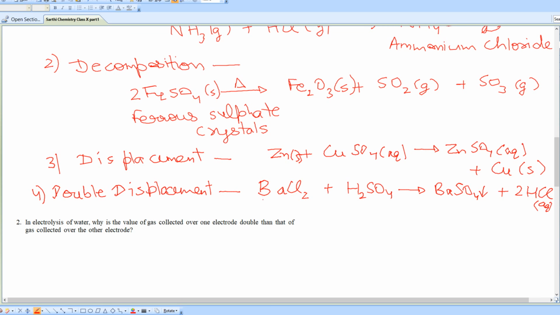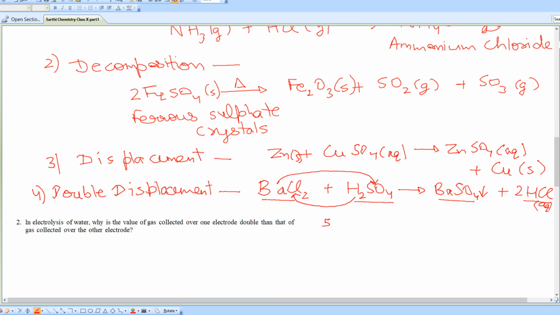So when we react barium chloride with H2SO4, we get barium sulfate plus 2HCl. It's like swapping the partners. Barium has swapped its partner, which is chlorine, with hydrogen. So barium has got along with sulfate, and hydrogen has gotten along with chlorine. So we get barium sulfate and hydrogen chloride.